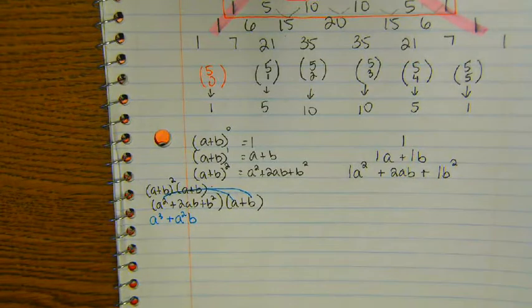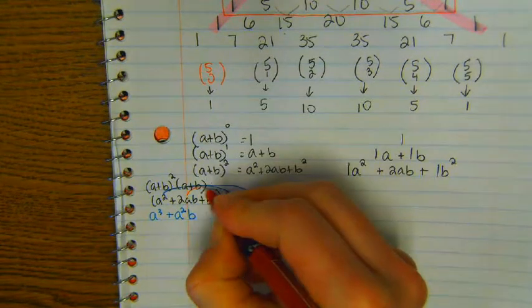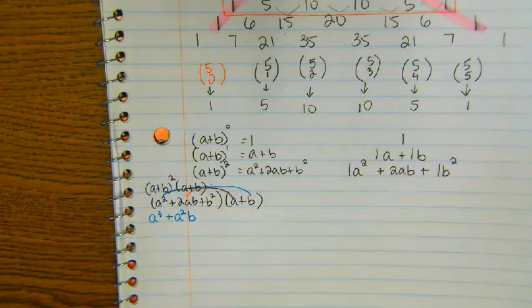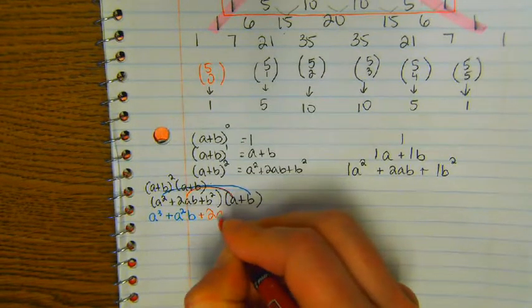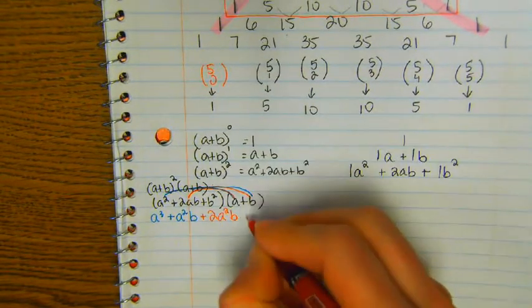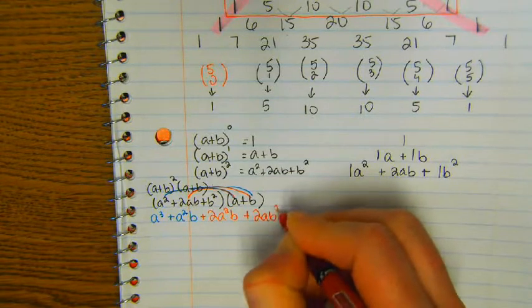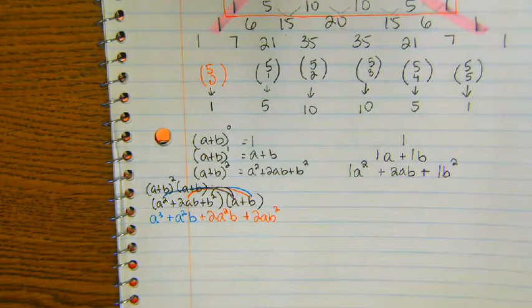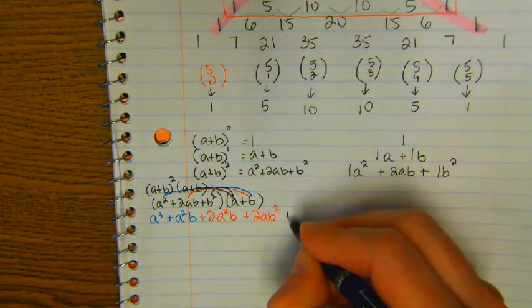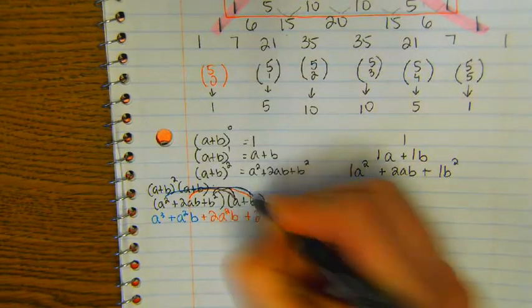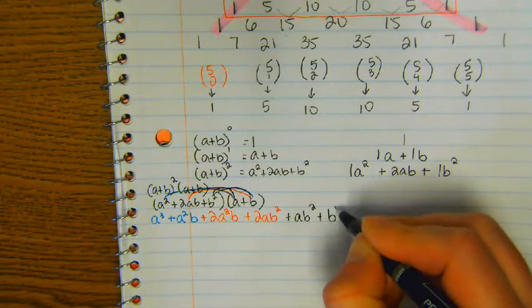What is 2ab times a? 2a squared b. And then 2ab times b is 2ab squared. Okay, finally, let's do the b squared. B squared times a is plus ab squared. And what's b squared times b? B cubed, correct?